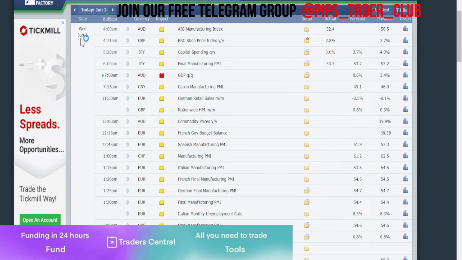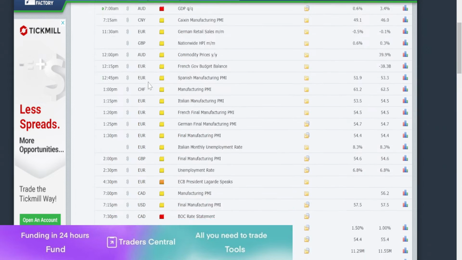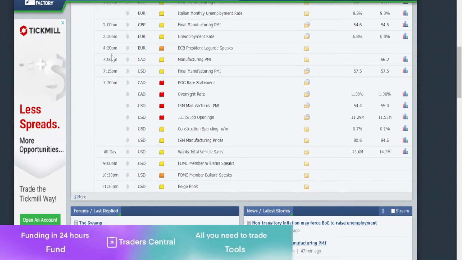Today is Wednesday, June 1st, and when we look at the event calendar for today, mostly we have low impacting news. At 7 AM we have high impacting news for Australian dollar. Then as we scroll down, at 4:30 PM we have medium impacting news for euro currency pairs.